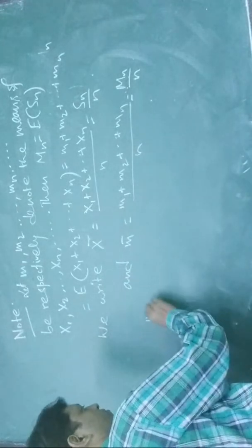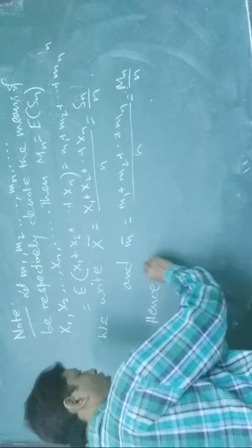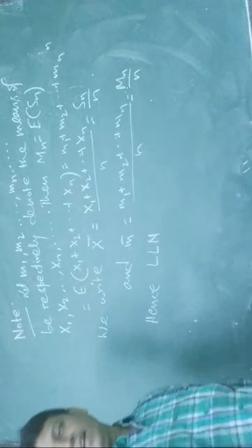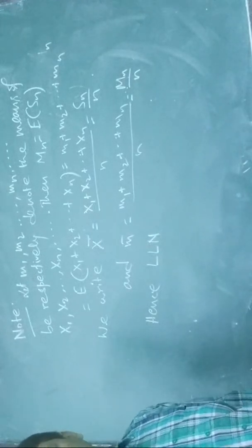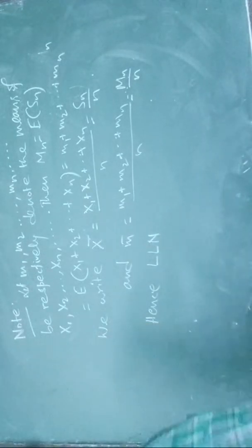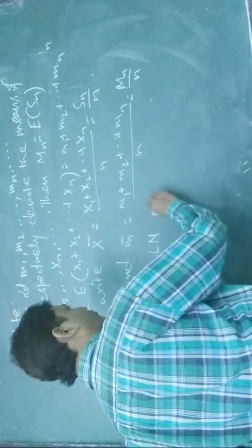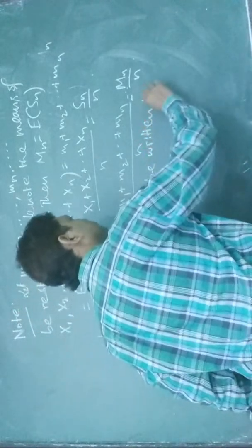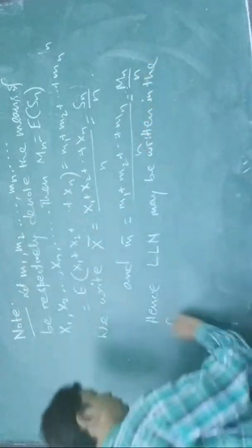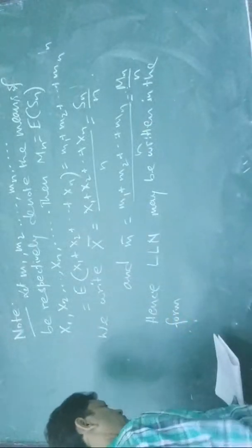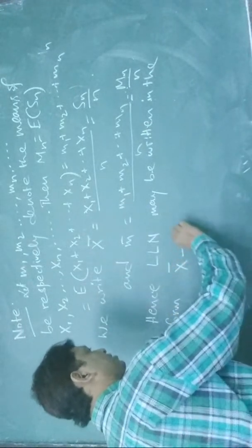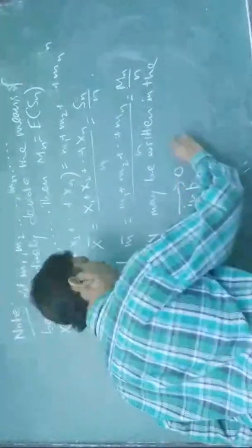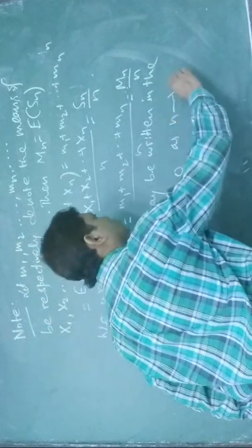Hence, the law of large numbers, LLN, the previous theorem, may be written in the form x bar minus m bar tends to 0 as n tends to infinity.